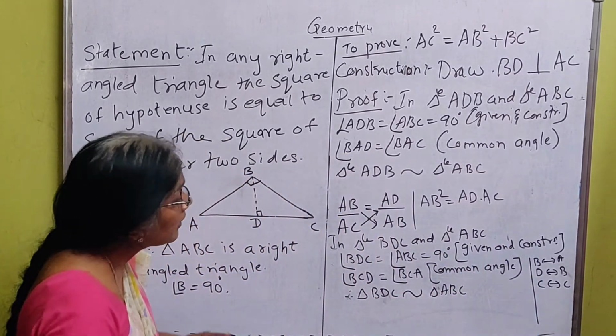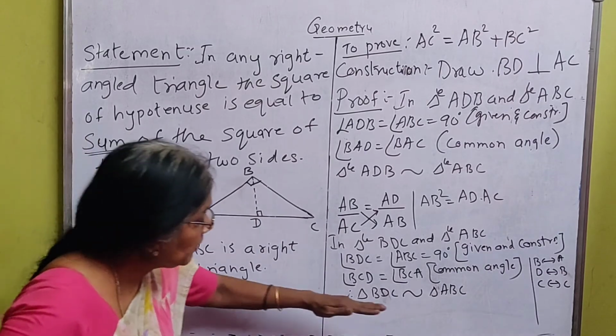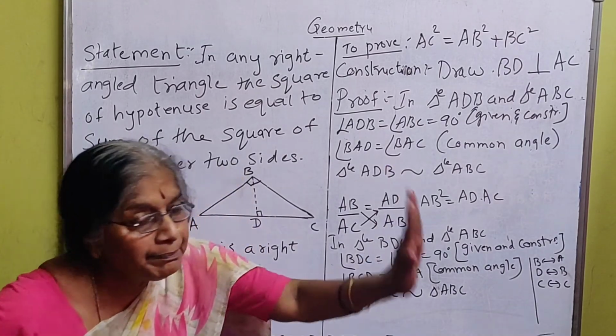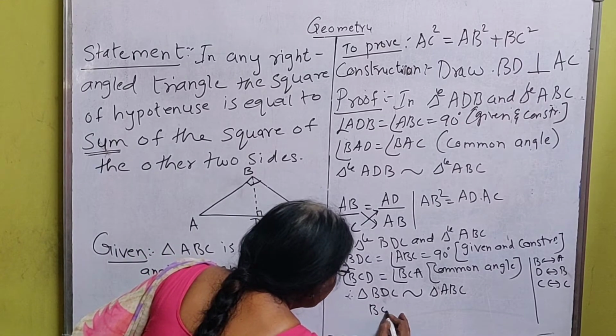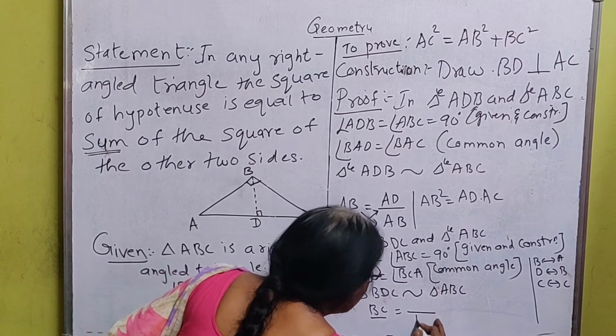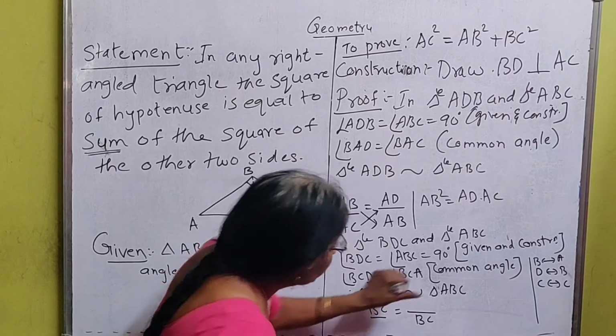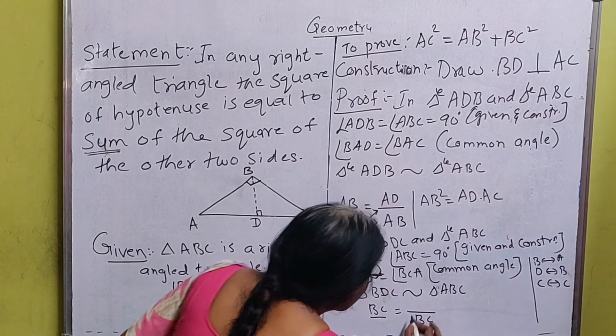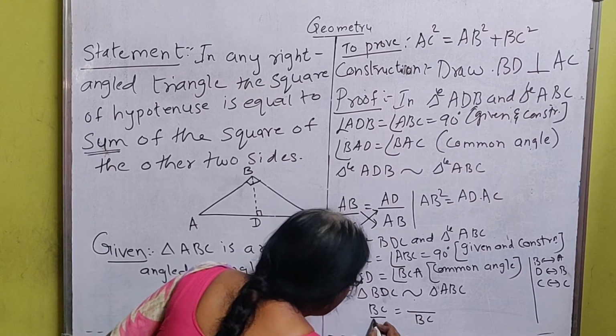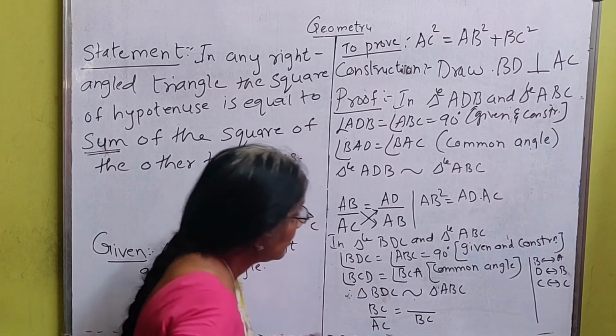Now I want BC square. That means BC should be up and BC should be down. So if I take BC in the smaller triangle, equal to BC down in the bigger triangle. So if I take BC here, in the bigger triangle what shall I get? BC by AC.